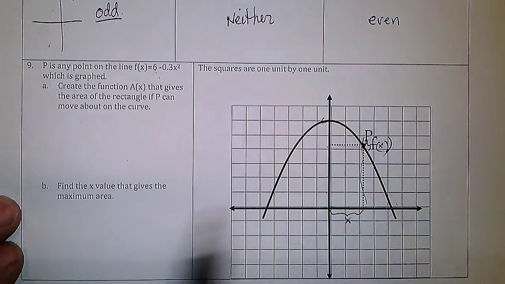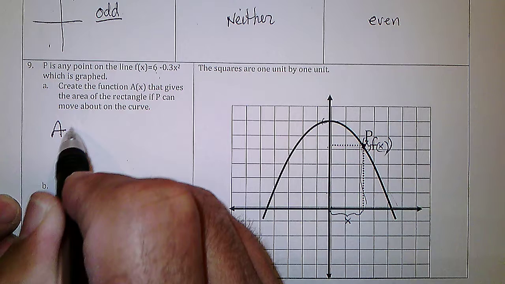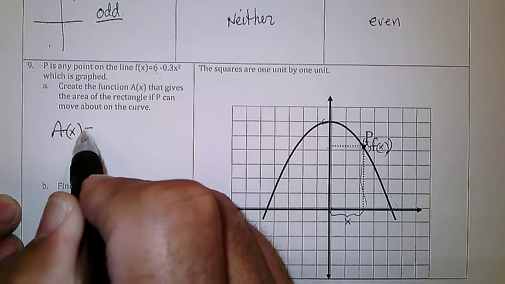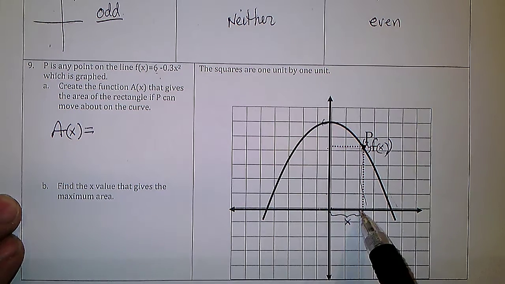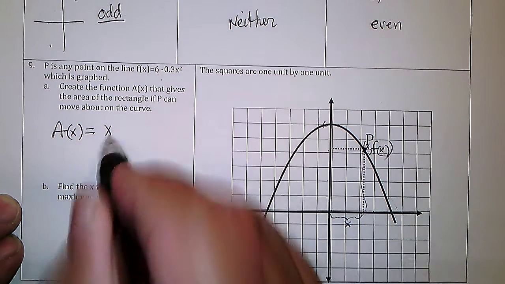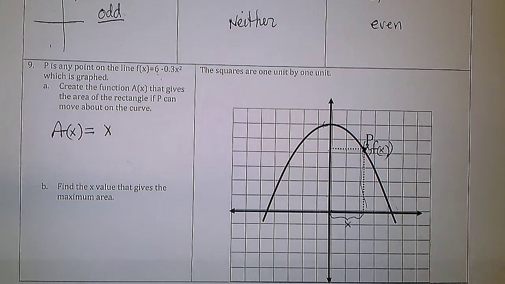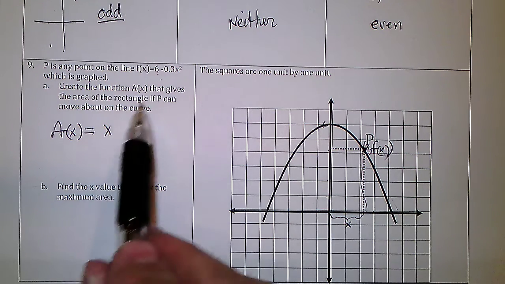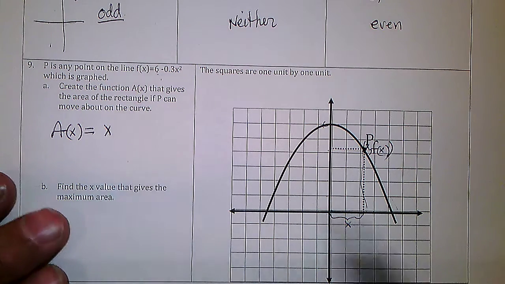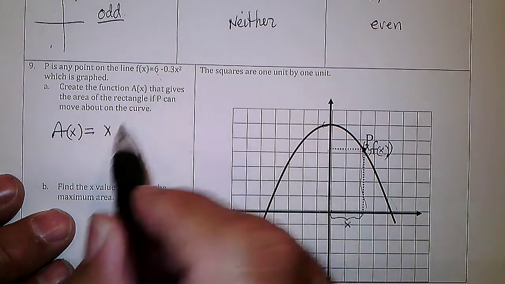So the area of this rectangle as a function of x, and only x, would be whatever x is. You can't use 2.3 or 2 or something like that, because x is moving. And the height is f of x.